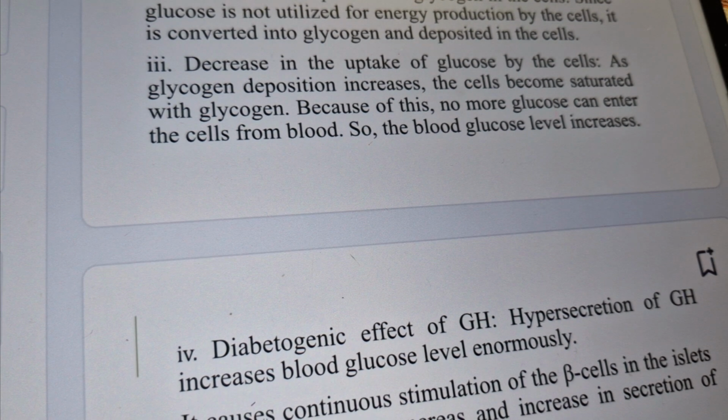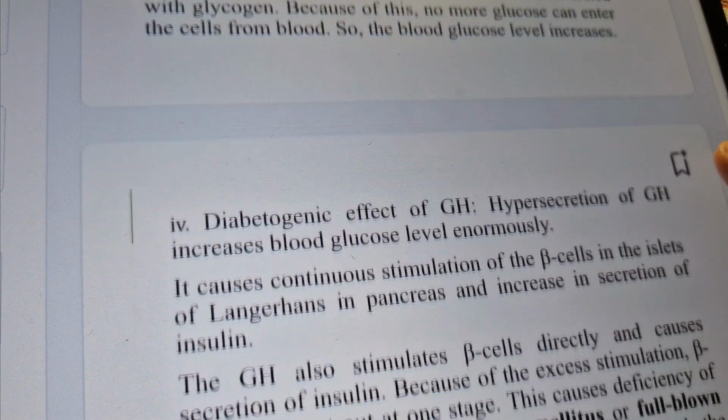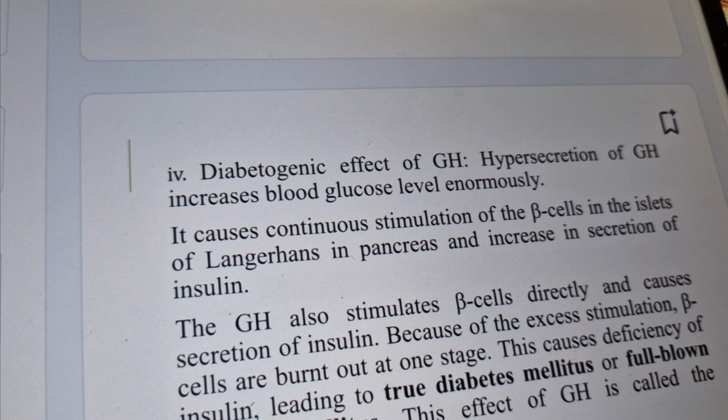Glucose enters only along the concentration gradient, from higher to lower concentration. Moving from lower to higher concentration requires energy, so blood glucose level also increases. Glucose starts entering the cell, forming glycogen and depositing, and then it reaches saturation, so no more glucose can enter the cell. So all glucose remains in the serum, and the serum glucose level increases.